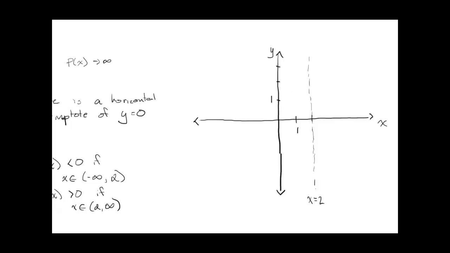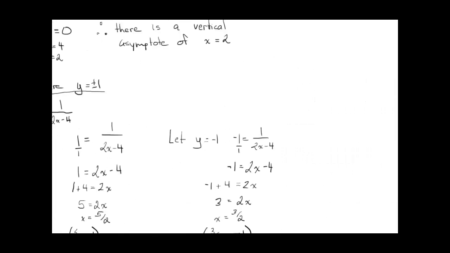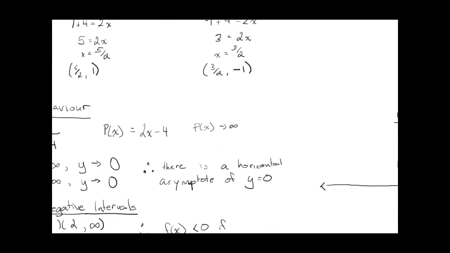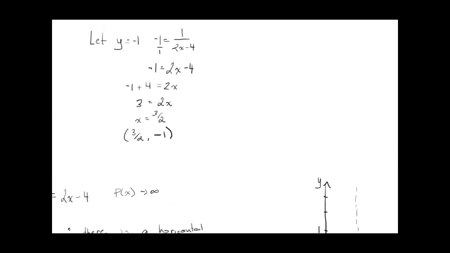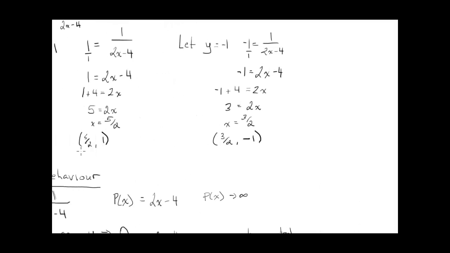You need to put on all key points. So going back, our y-intercept was (0, minus 1 over 4). So we'll put that on our graph. (0, minus 1 over 4), so minus 1's down here, minus 1 over 4 would be around there. We had those 2 points here, (5 over 2, 1).